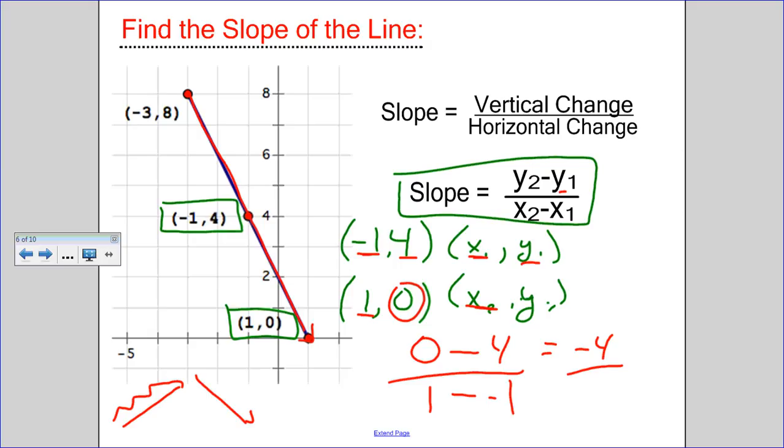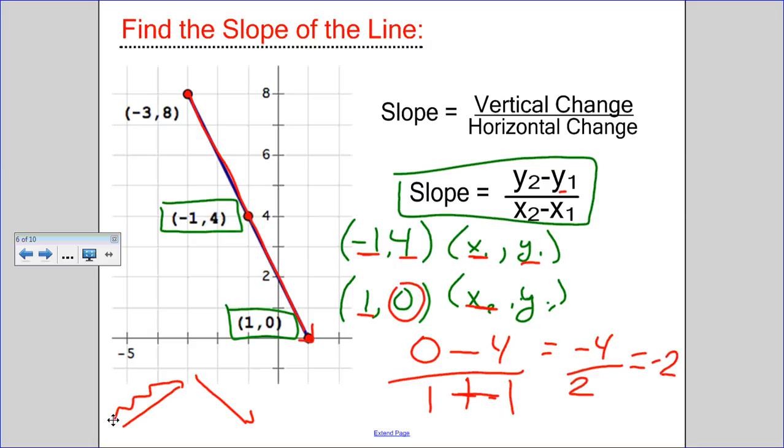Now remember, when we have minus a negative number, we could also say plus. So in this situation, we could say 1 plus 1 equals 2. Now if we simplify our fraction, we have the slope being -2.